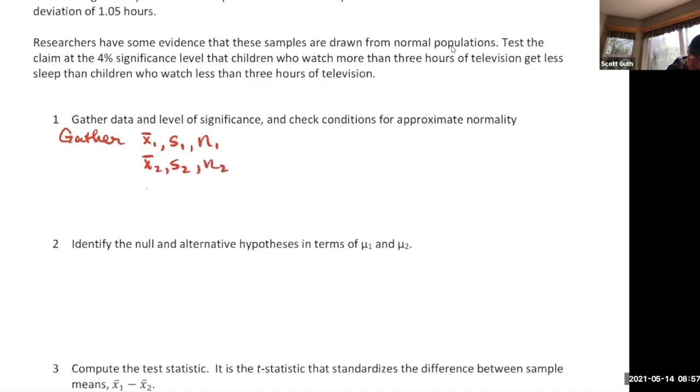We're going to need alpha. And we need to check that N1 is bigger than 30, N2 is bigger than 30, or the populations are normal.